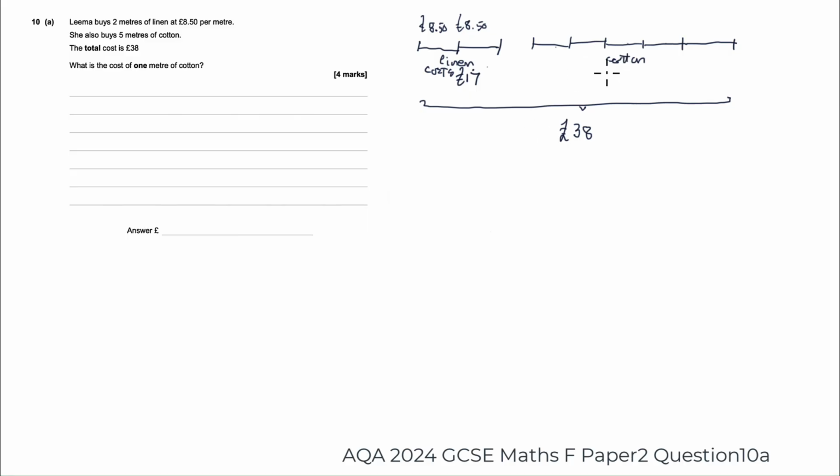So that must mean that the cotton costs, well, total cost is £38, so it must be £38 minus the cost of that linen. So we have to take 17 from 38, and you can do that in your calculator. You'll get £21.